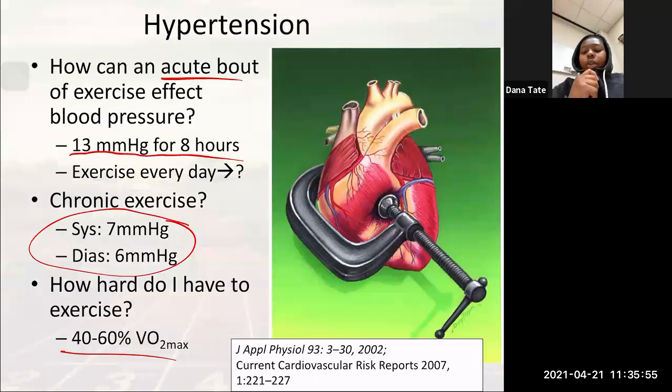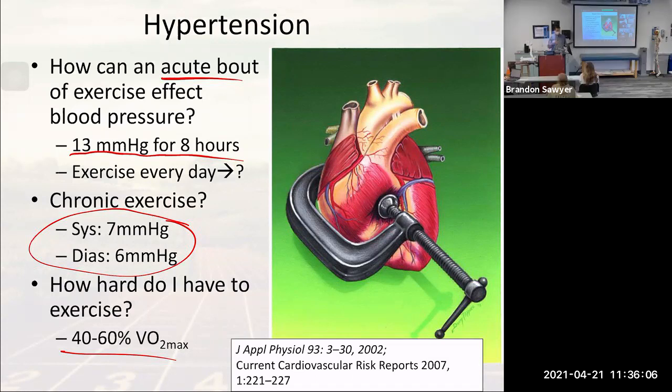Yeah, and then another quick question. So how long would something like that last? Like if you stopped exercise, would it still stay steady and then just drop off? Yeah, so if you did a 12-week exercise program, dropped your blood pressure, and then just stopped exercising after that, you'd probably benefit from those effects for a little while, probably a few weeks or so until it started going back up again.